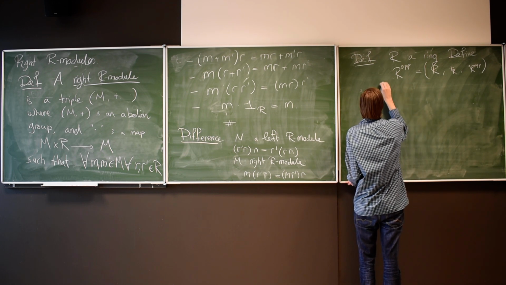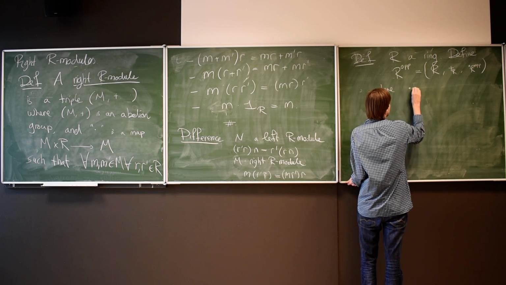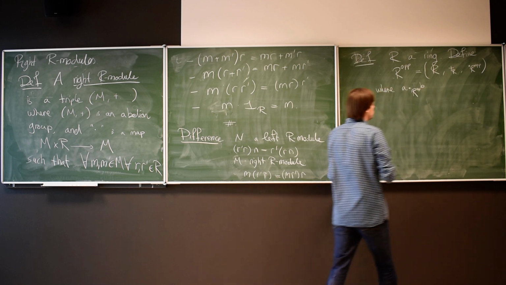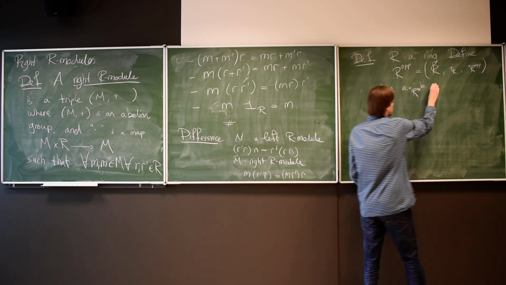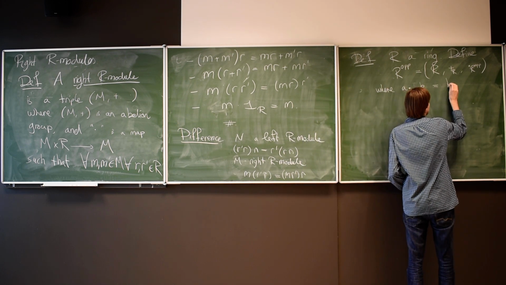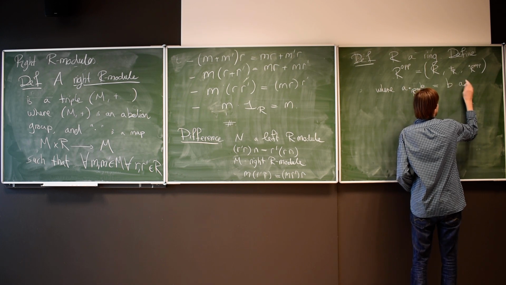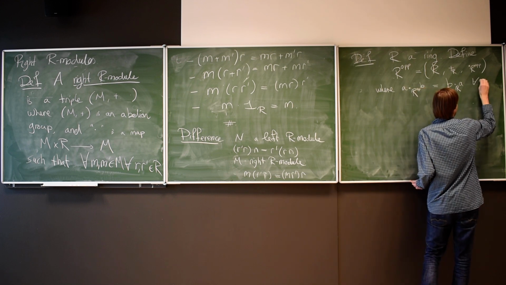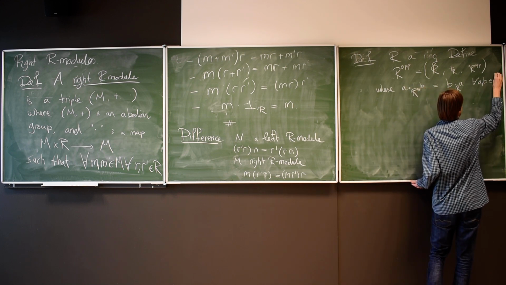So the product of two elements in R op is by definition the product in the usual ring, but with the order inverted.